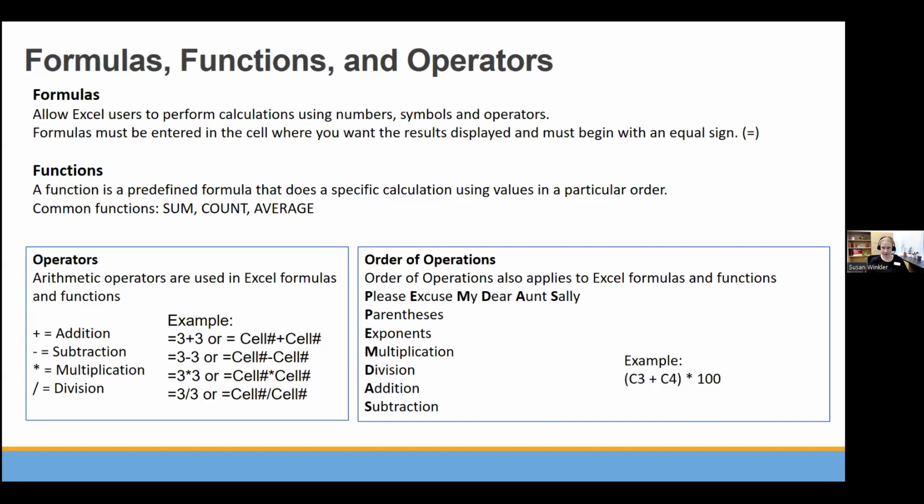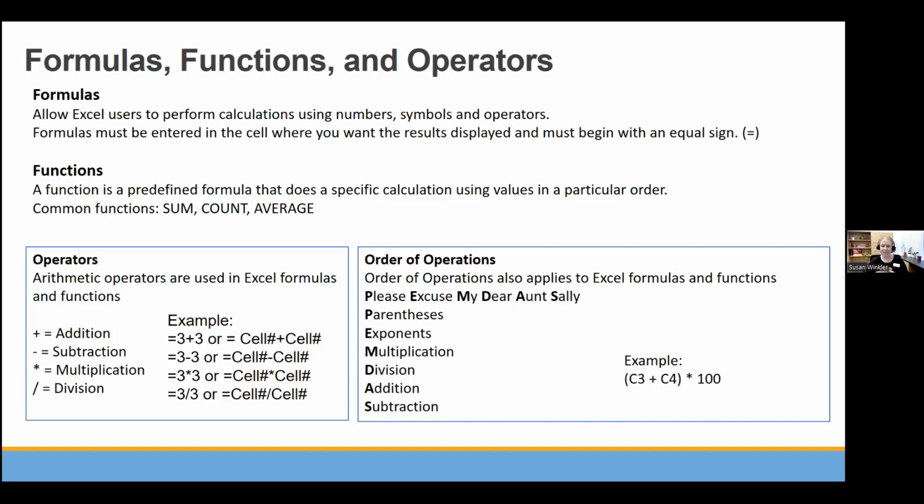So your operators are the things that you use in Excel formulas and functions, including the plus sign to mean add these two things together, the minus sign for subtraction, or basically take what's in this cell and subtract what's in this cell. Multiplication is represented by the asterisk key. So if you were doing 3 times 3, or cell C2 times what's in cell C4, and then division, which is represented by the slash.